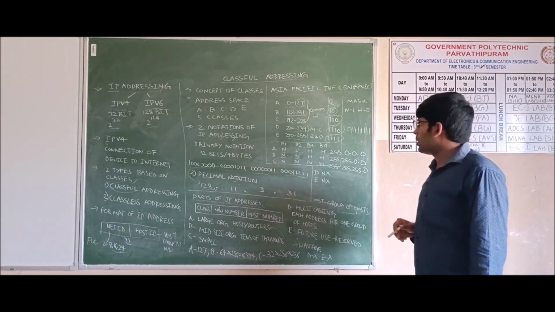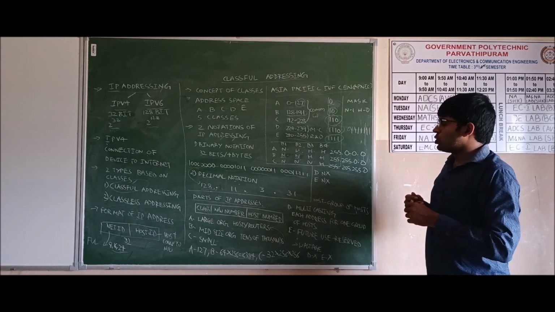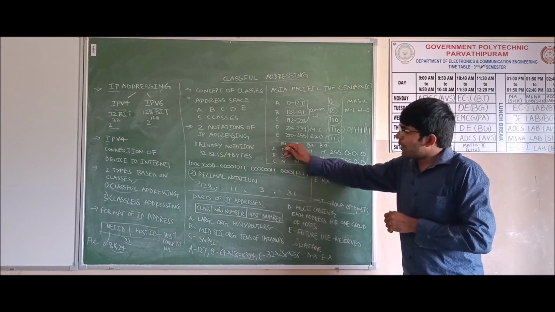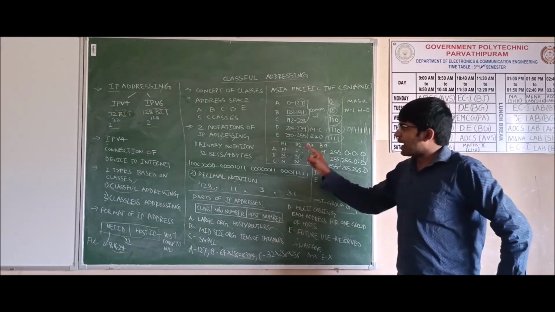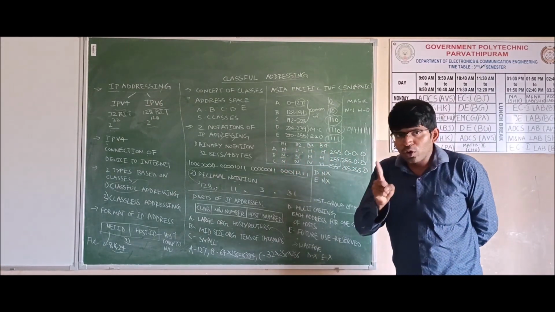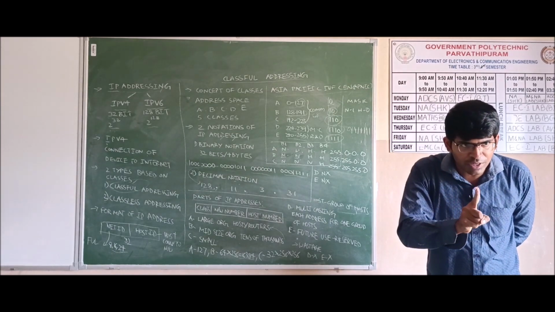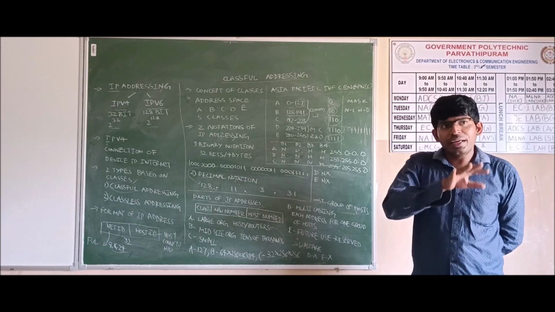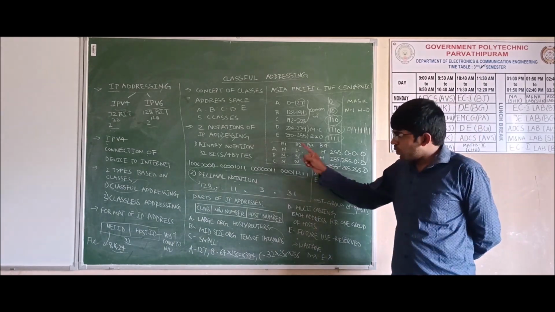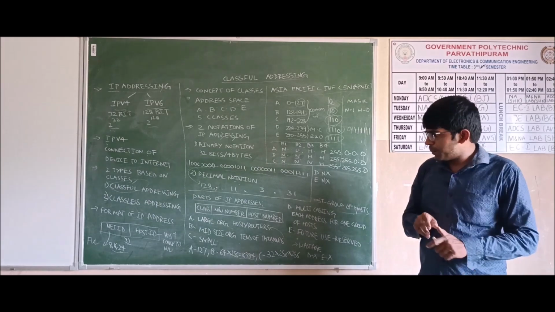Now here, you check byte 1, byte 2, byte 3, byte 4. In class A we have only one byte for the network ID.